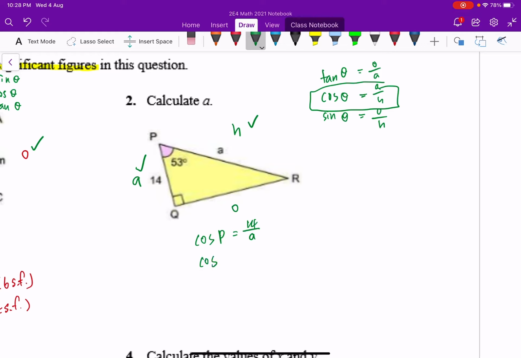So cosine, okay, let me use a red pen to write.